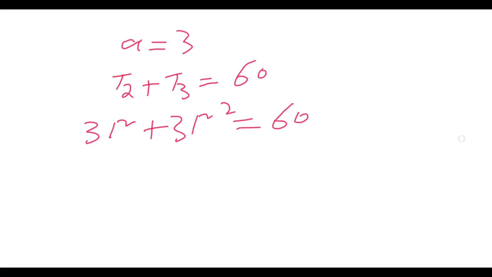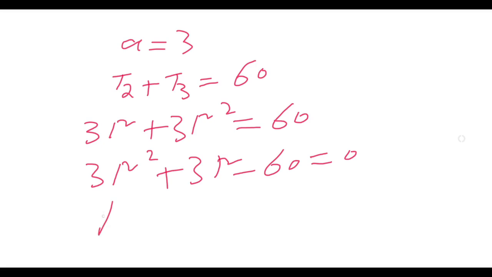Now rearrange into a standard quadratic form. So it's going to be 3r square plus 3r, minus 60 is equal to 0. So I can divide by 3 to simplify. So it becomes r square plus r minus 20 is equal to 0. Now solve for the common ratio, factor the quadratic equation.